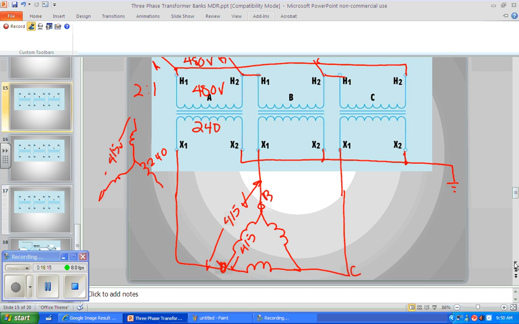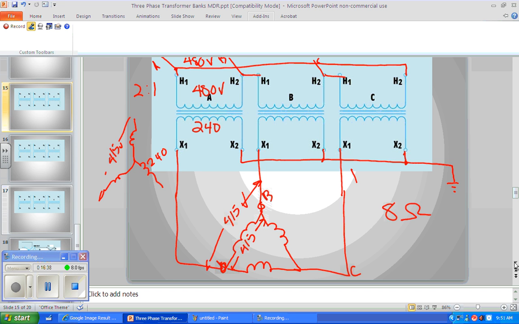Now, we'd like to do our impedance now, but we're not ready for that just yet. But if that's true, what's the resistance of our load? Pick one. 8 ohms? All right.